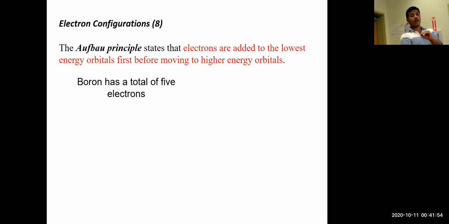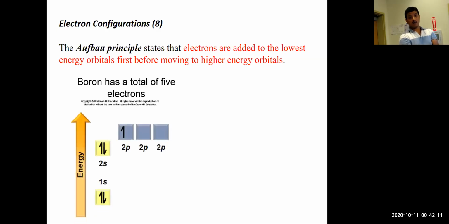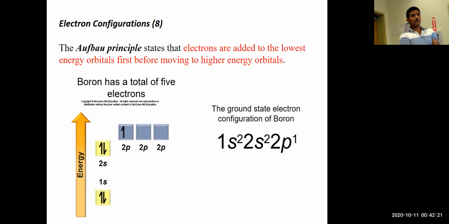You'll put 2 in 1s, another 2 in 2s, just like you did for beryllium in the previous example, and you're still left with 1 more electron because 1s and 2s are completely filled. Now you can fill up the 2p with 1 electron. So if you write it in words, the code should look like 1s2, 2s2, and 2p1. That's the electronic configuration of boron.